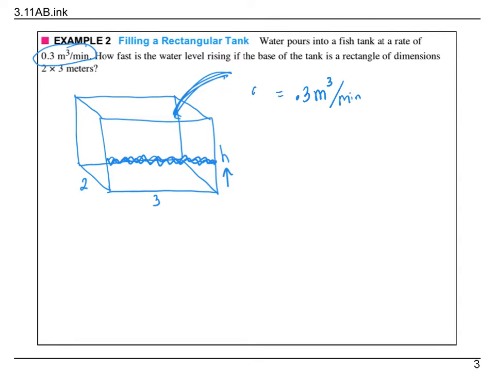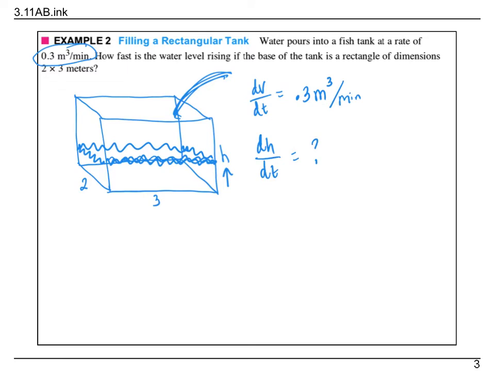So this is equal to dV over dt. That's how the water is pouring in. Okay, so the volume of this fish tank is increasing at 0.3 meters cubed per minute, and we want to figure out the water level rising. So we want to figure out H. We're looking for dH over dt.